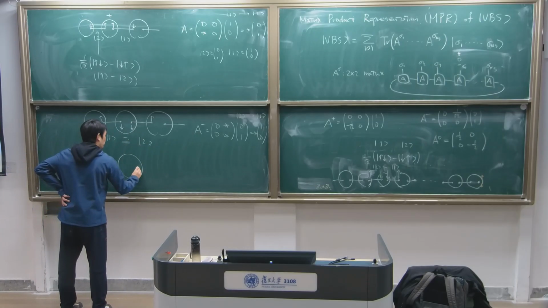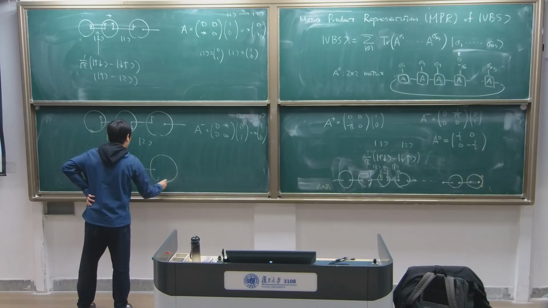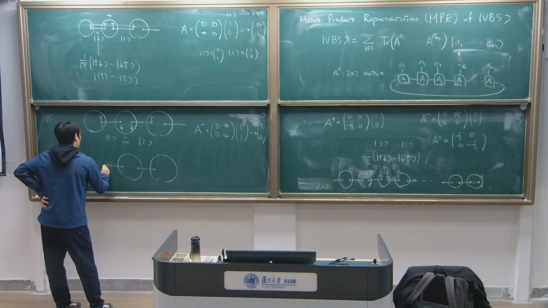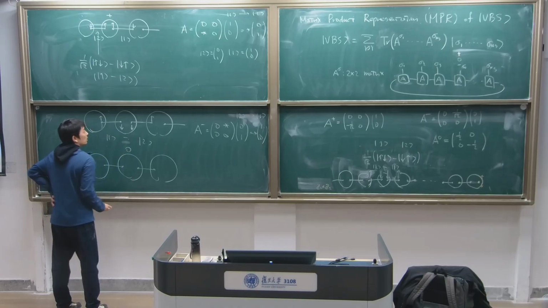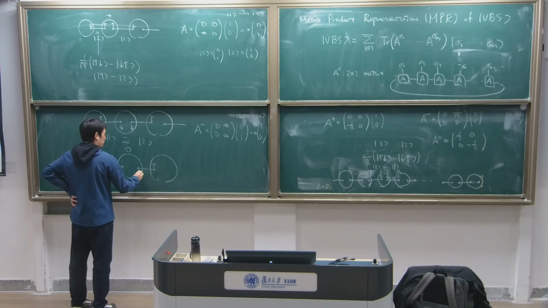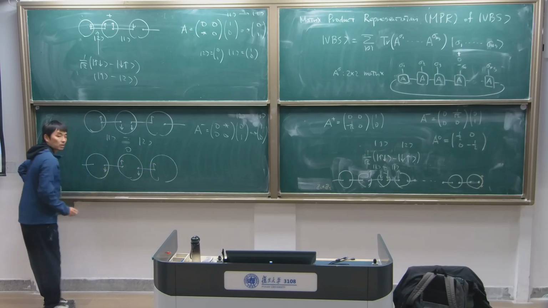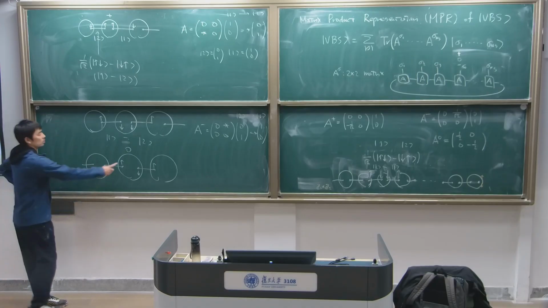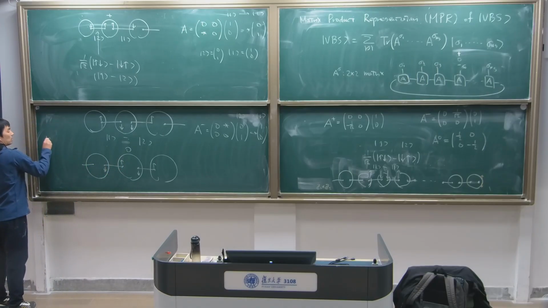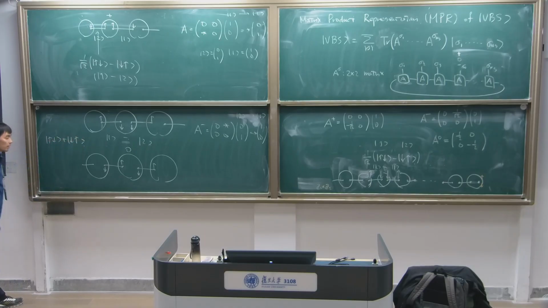On the other hand, in here, if you have a spin zero part, then if you have it like this way, it should be mapped to like this way. In the middle you have plus, like this.